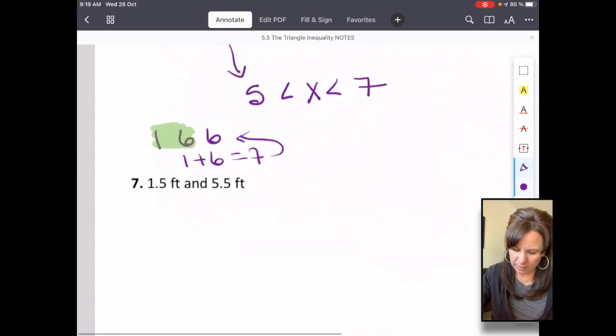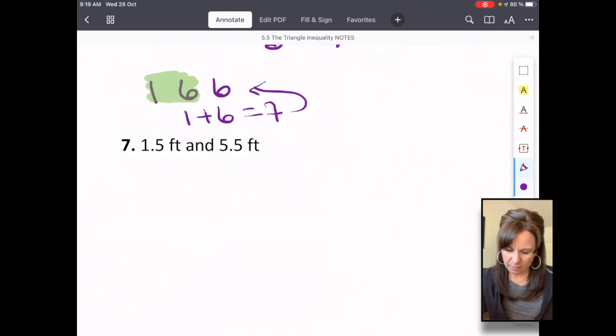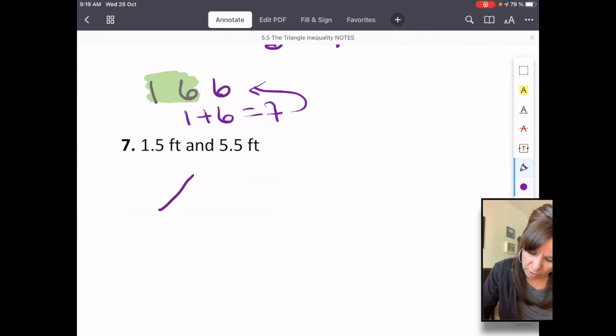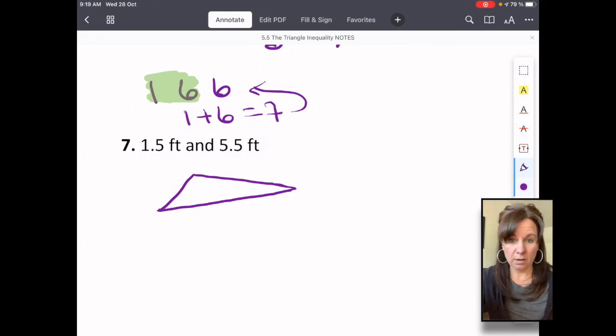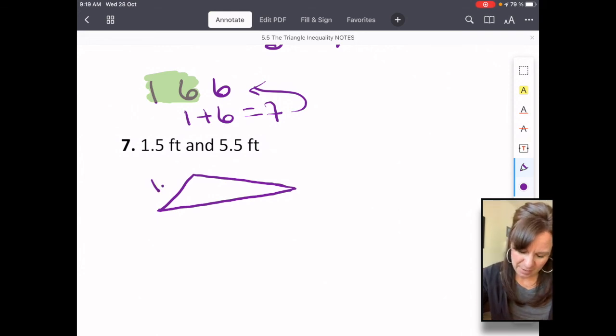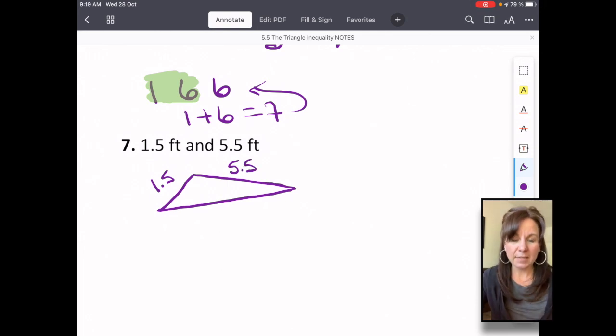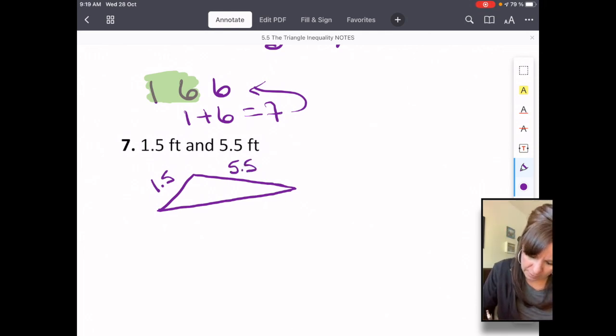Let's do one more. This is 1.5 feet and 5.5 feet. There's no triangle there, so we're going to start always by drawing a picture. You don't have to be really good at art to do this. We'll label the sides 1.5, 5.5, and the same process. So we've got, find the difference first.